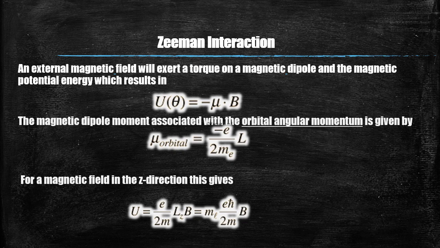We know the orbital magnetic moment equation, we already derived that in our classroom. Mu orbital is equal to minus e divided by 2m into the angular momentum.